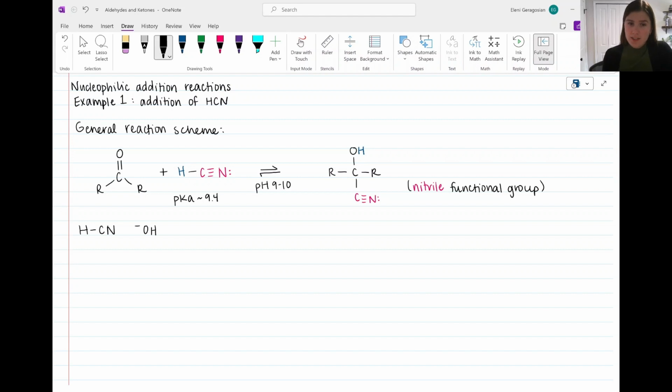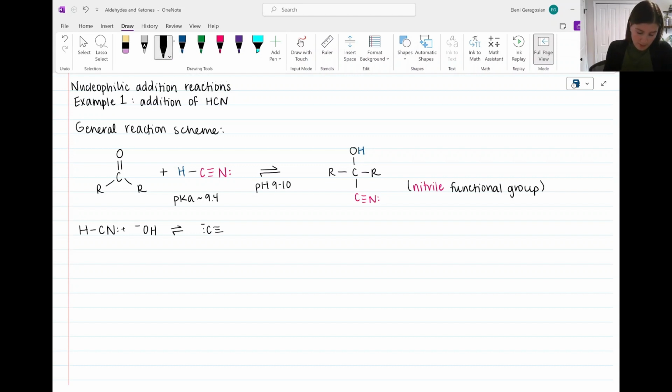We have a high pH, so slightly basic solution, so we have hydroxide anions present in solution. So we have these two present, and then they are in equilibrium with the conjugate base of hydrogen cyanide, which is just CN. We have a lone pair on carbon with a negative charge, lone pair on nitrogen on both molecules. We can draw the bonding here.